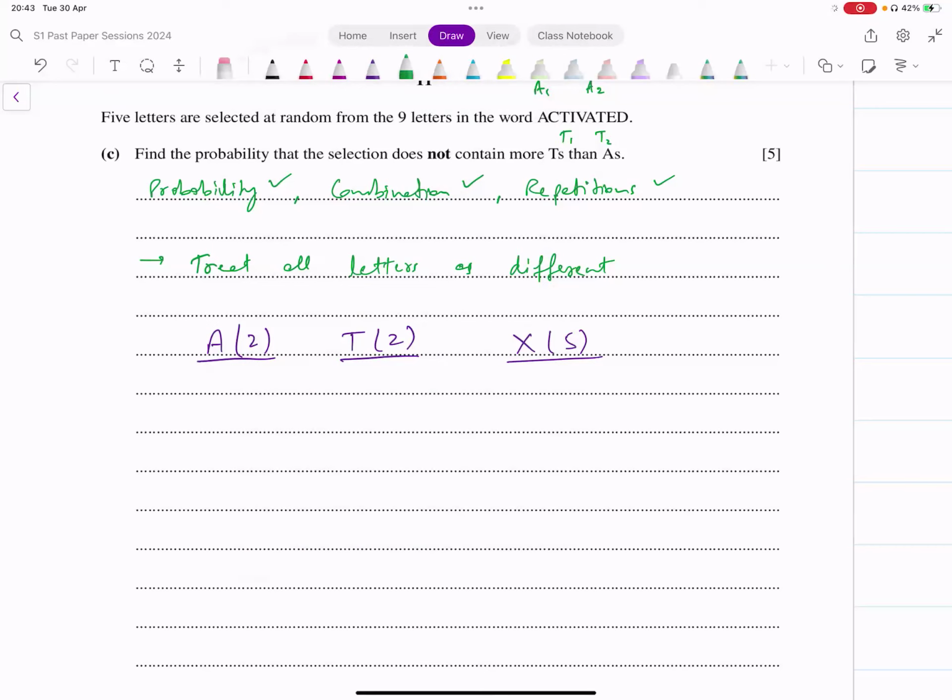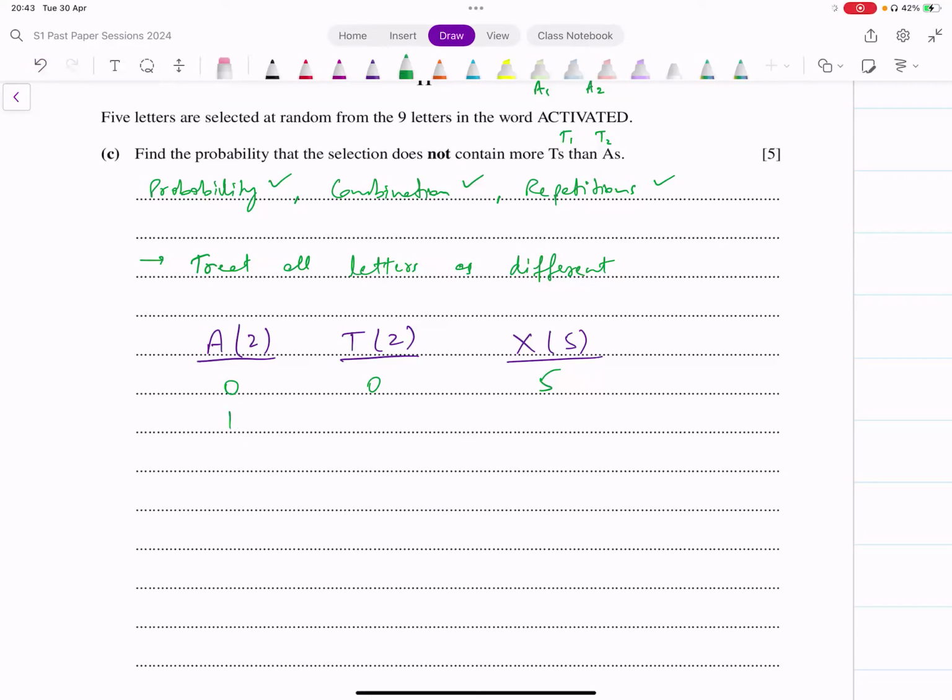One possibility could be that you have no A and no T, and the remaining letters are all selected. That is one possibility. With 0 A, you can't have 1 or 2 T's because that will not satisfy the condition that T's should not be more. So 0, 0 is the only possibility.